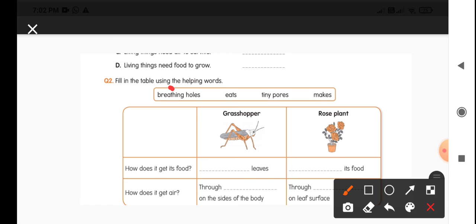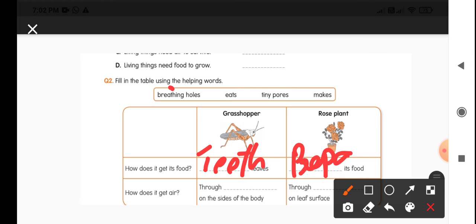So the first one, how does it get its food? A grasshopper, how does it eat the leaves? It has teeth-like structures. By that it eats the leaves. And a rose plant, by preparing its own food. It can prepare its own food. How does it get air?